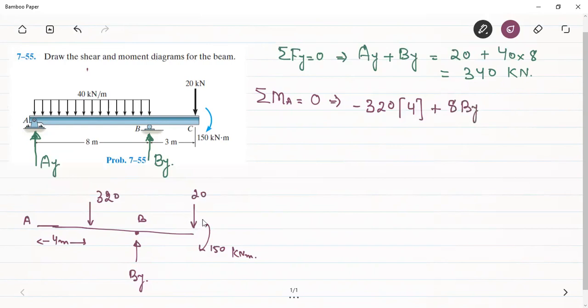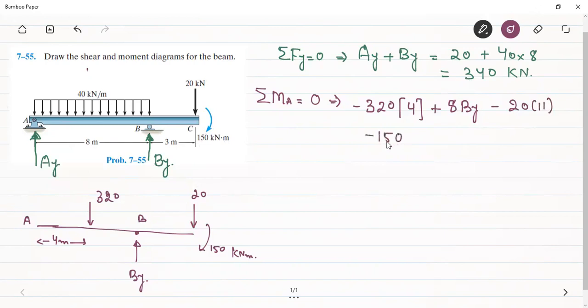Another moment will be created by this 20 kilonewton force. It will have a force arm of 8 plus 3, that is 11. And it is again going to create a clockwise moment about A, therefore treating it to be negative. And finally, we have a couple moment of 150 kilonewton meter, and it is acting in the clockwise direction. Therefore, this will also be taken as negative.